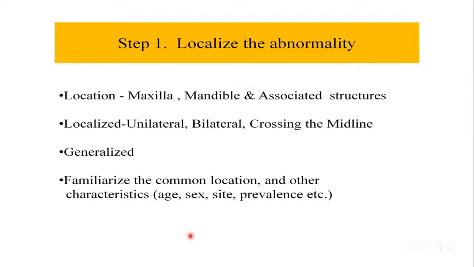Most of your cystic jaw lesions are bilateral, and there can be bicortical expansion, whereas OKC has an anteroposterior expansion of the lesion. So it has chances to cross the midline and go to the opposite side. So this is about localizing the abnormality.